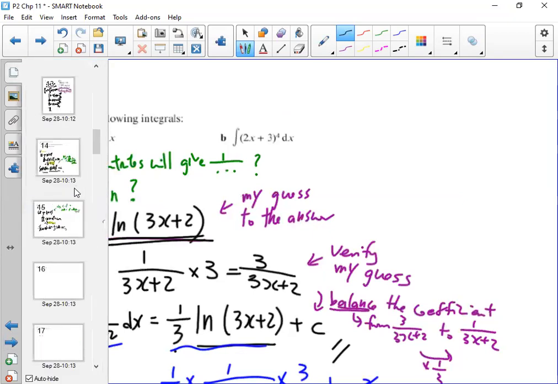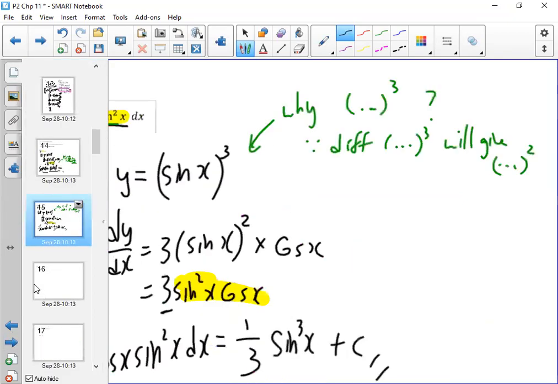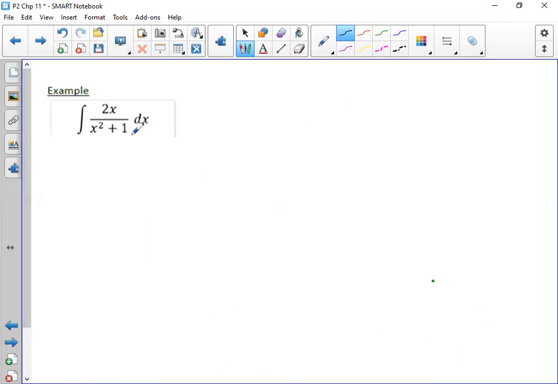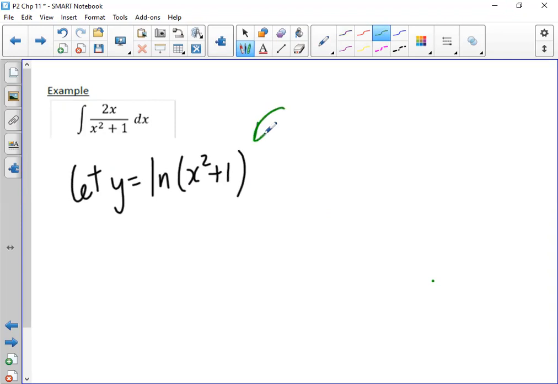So we'll trust that and go for it. We'll try ln of the denominator. Now, I know it will work, and that's something you should also think about, because if I differentiate the x squared, it will give me 2x, or the x on top. So that's how I know it will work. So I let y equal ln of (x squared plus 1), because differentiating ln gives a fraction.